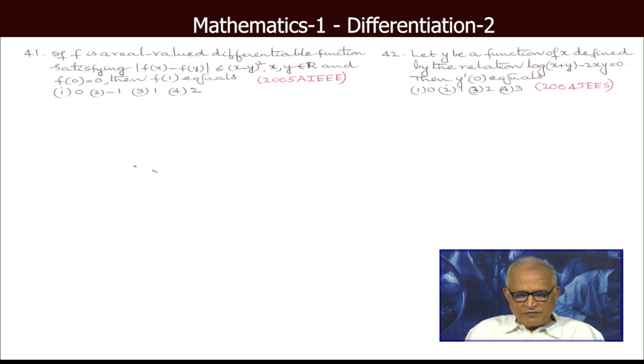Mod f(x) minus f(y) less than or equal to (x minus y) whole square for all real x.